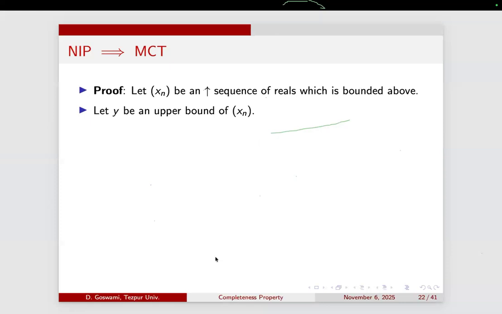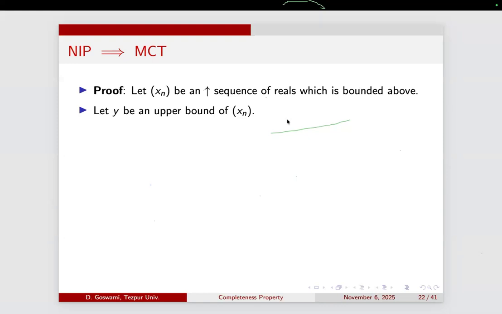NIP implies MCT. So what I have to show now is that if you consider an increasing sequence which is bounded above, a monotonically increasing sequence which is bounded above, it has to converge. The idea we have already encountered. So if I collect the x_n in a set, it's bounded and non-empty.